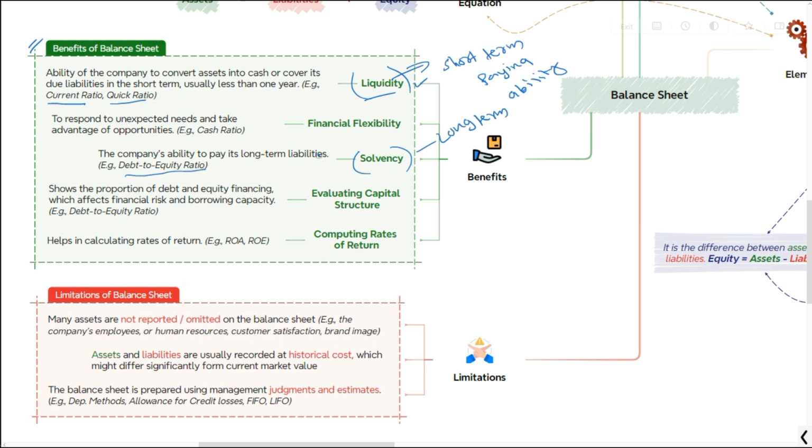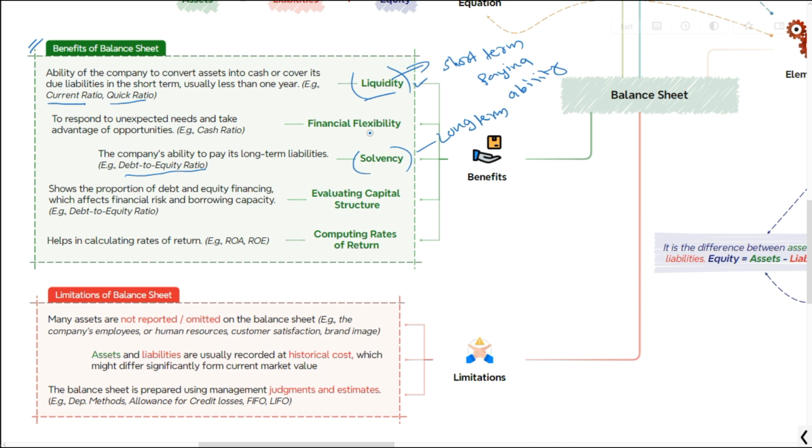Another benefit of the balance sheet is financial flexibility. Financial flexibility means how you can take the opportunities available in the external market to respond to unexpected needs and take advantage of opportunities. So how financially flexible you are.